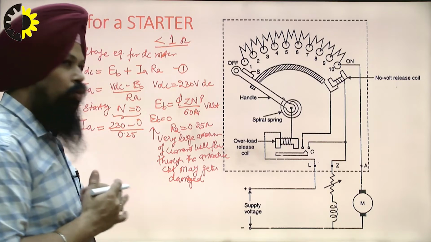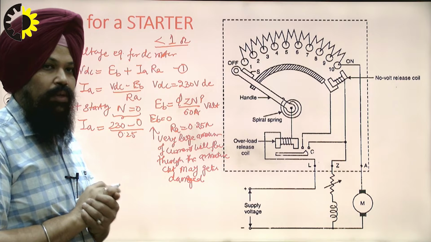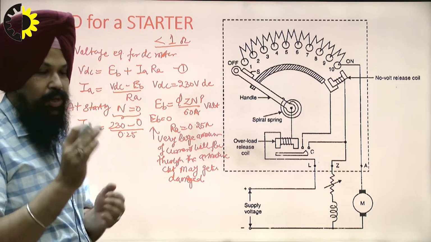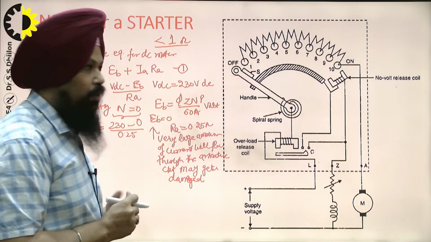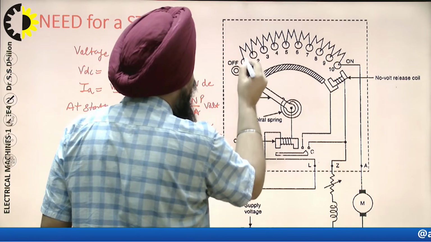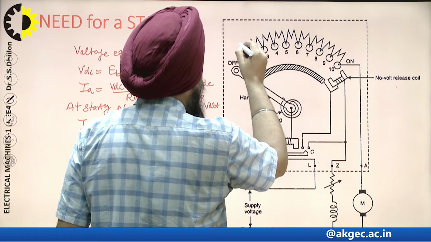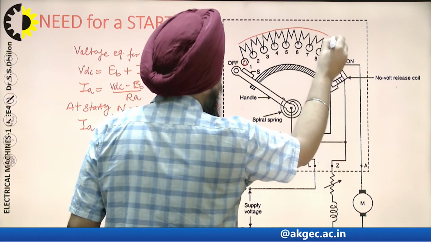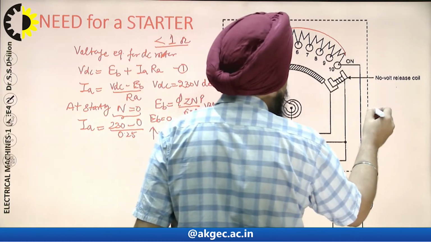So in order to control that high amount of current at starting, we need to connect a resistance in the form of a starter, as shown in this diagram. We add the resistance in series with the armature circuit. The whole resistance is added to the armature circuit to control the current at starting.